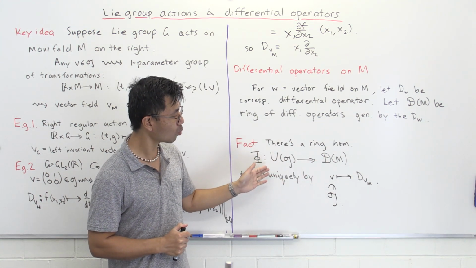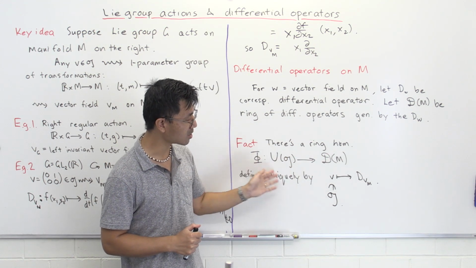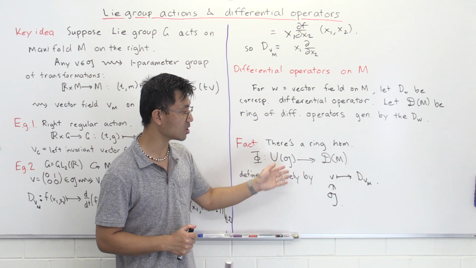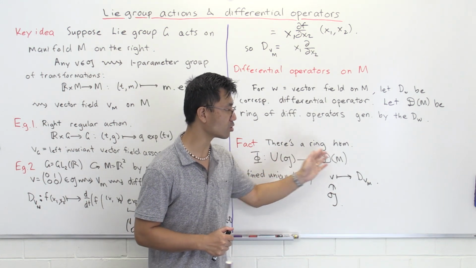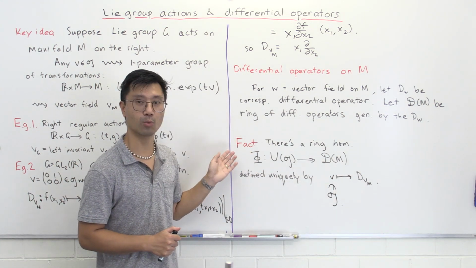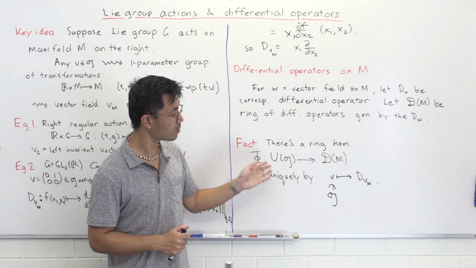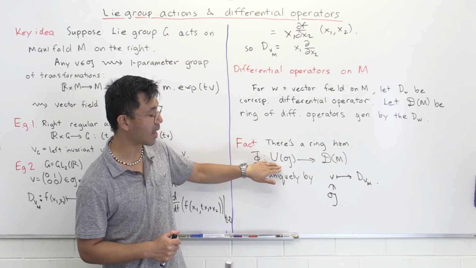But one way you can prove that this is actually a ring homomorphism is to check that the relations here, and we know what the relations are, they're given by the Lie bracket, get sent to 0 here. And that gives us this wonderful fact, which allows us, for example, to study this universal enveloping algebra.